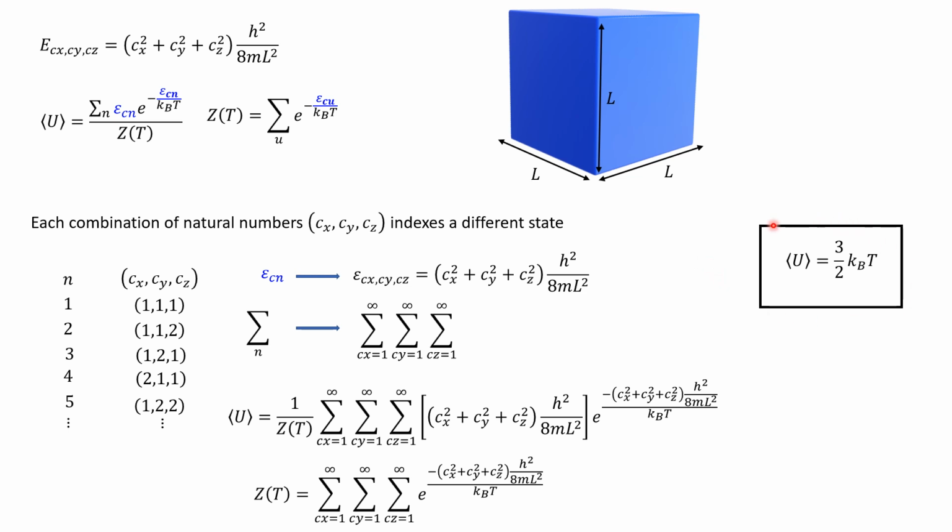Now we can connect this result with the energy of an ideal gas. In an ideal gas, the particles do not interact with each other. So let's suppose we have an ideal gas of identical particles, and we want to know the average energy of this gas. There are two ways we could obtain the average energy.